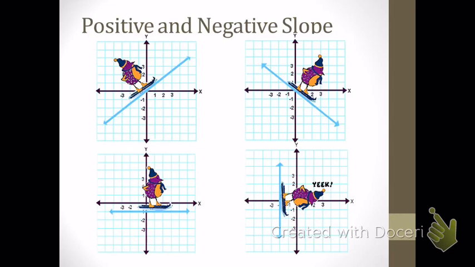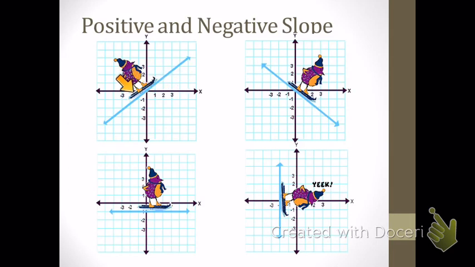The pictures here illustrate a convention that we're going to use when we talk about slope. We always want to think of facing from left to right. This penguin is skiing in this basic direction on all 4 of these coordinate grids. On the first 3, he's definitely facing in the positive X direction.